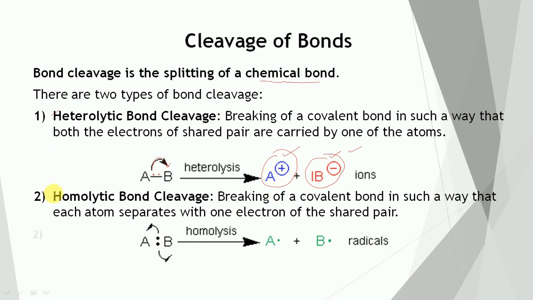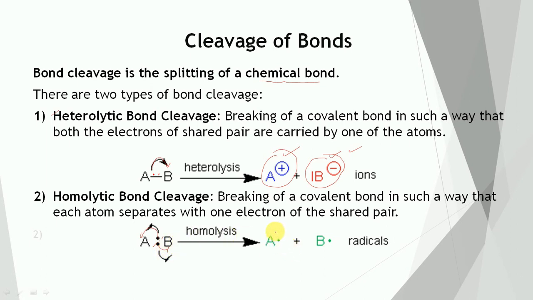Then the second case, homolytic bond cleavage. In this case, the covalent bond breaks in such a way that each atom separates with one electron of the shared pair. So in this case, the bond will break in such a way that one electron is carried by this atom and another electron is carried by this atom.